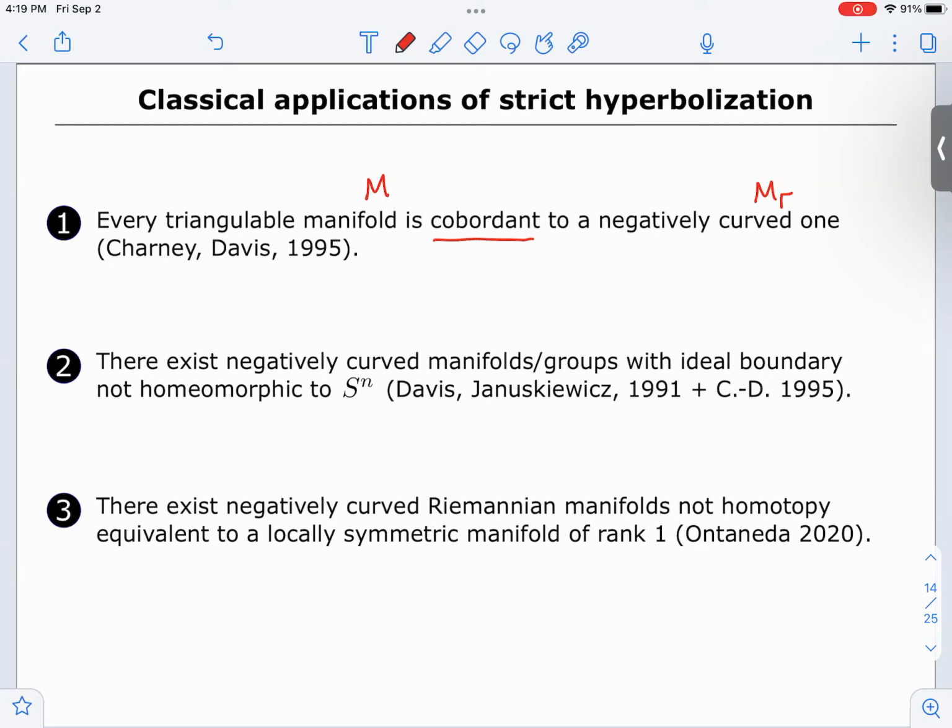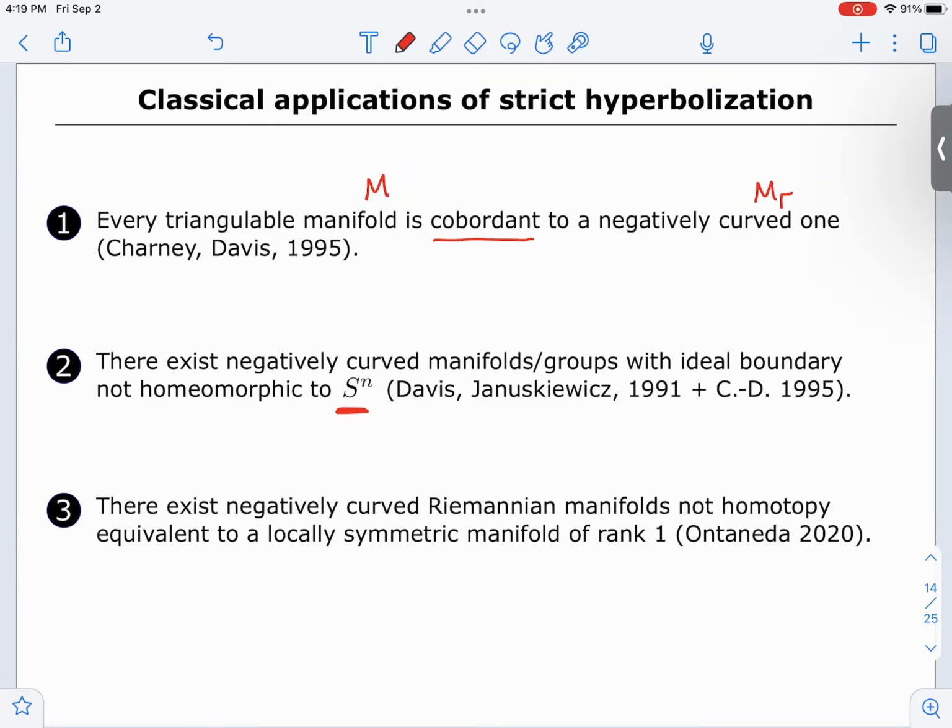Applications 2 and 3 are saying that the negative curvature you get out of this construction can be quite pathological. For instance, the second one is giving you negatively curved manifolds and groups whose boundary at infinity is not a sphere. So it definitely does not look like classical hyperbolic curvature.